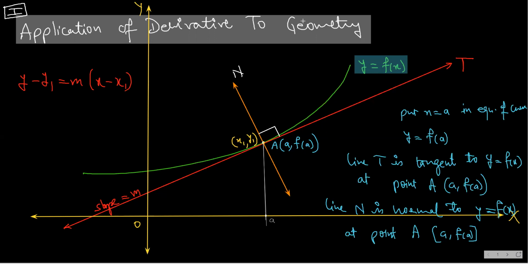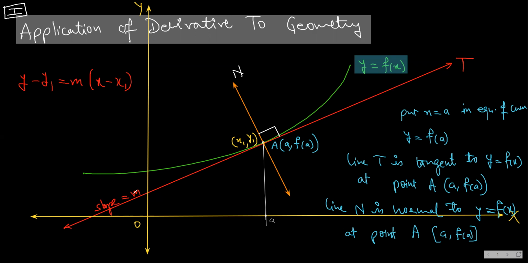See, this is the normal. We want to find the equation of this. How will I do it? Very simple. See students, normal to the curve at point A is perpendicular to tangent at A.